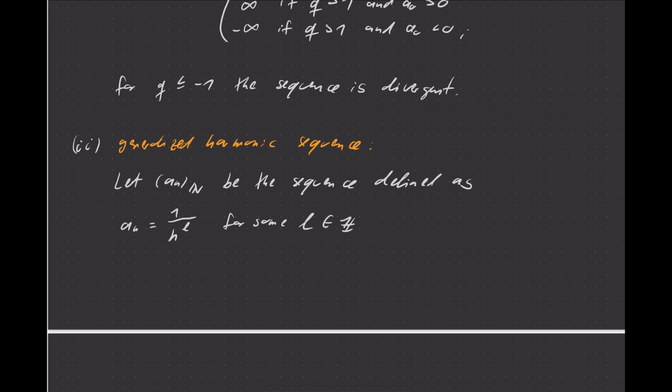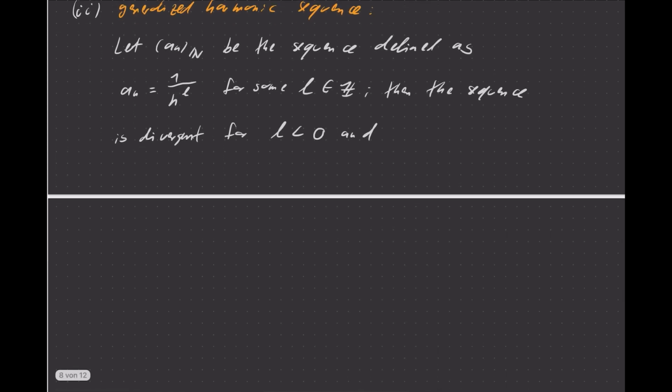Then if L is negative, of course, that's the same thing as n to some positive power, and that is obviously a divergent sequence. In the other cases, it will be convergent. So then the sequence is divergent for negative L. And for the other cases, let's have a look at that.